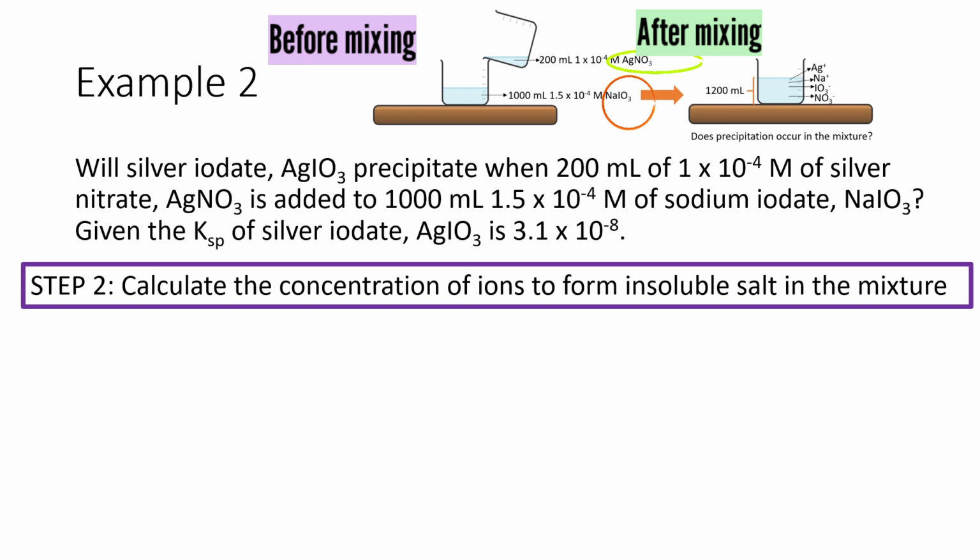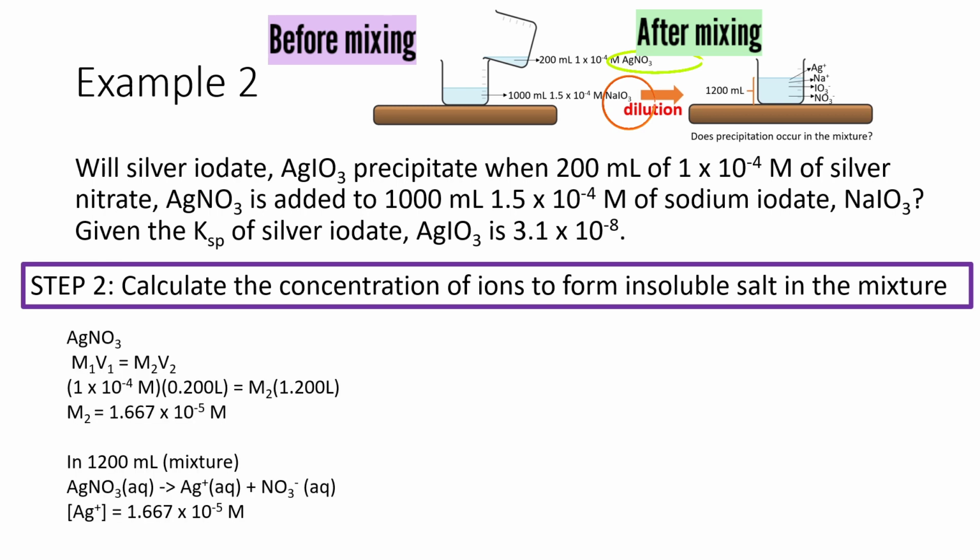After mixing, the solution becomes 1200 ml. So both soluble salts have undergone dilution after mixing. For this, we can use the dilution formula M1V1 equals M2V2 to do the calculations.